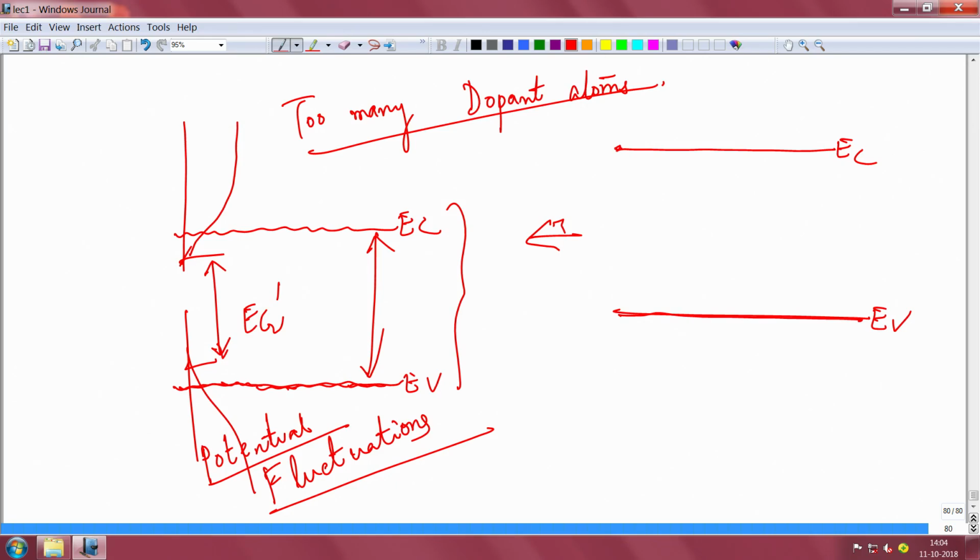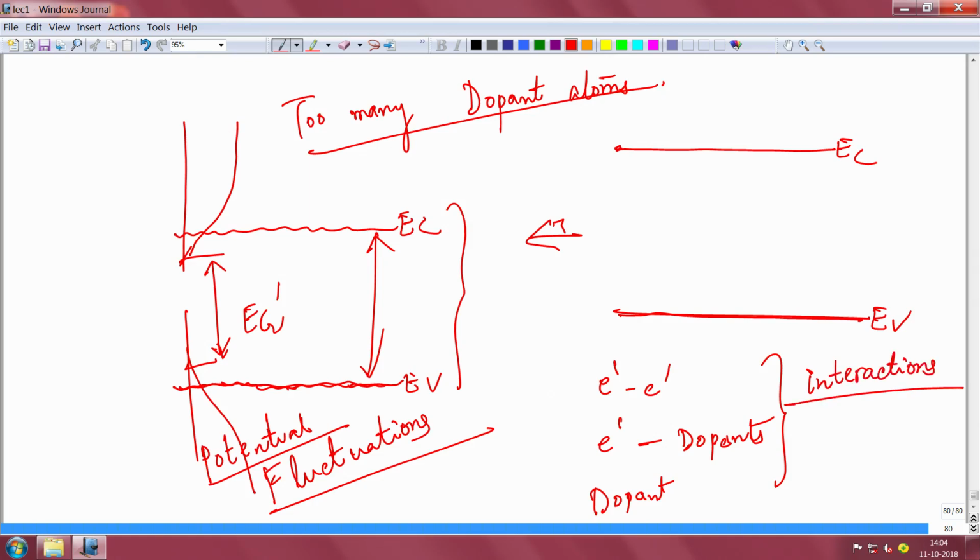There are a lot of interactions between electrons and donors or dopants, and all these interactions increase in magnitude when your doping is very high, and all these interactions seek to lower the band gap.